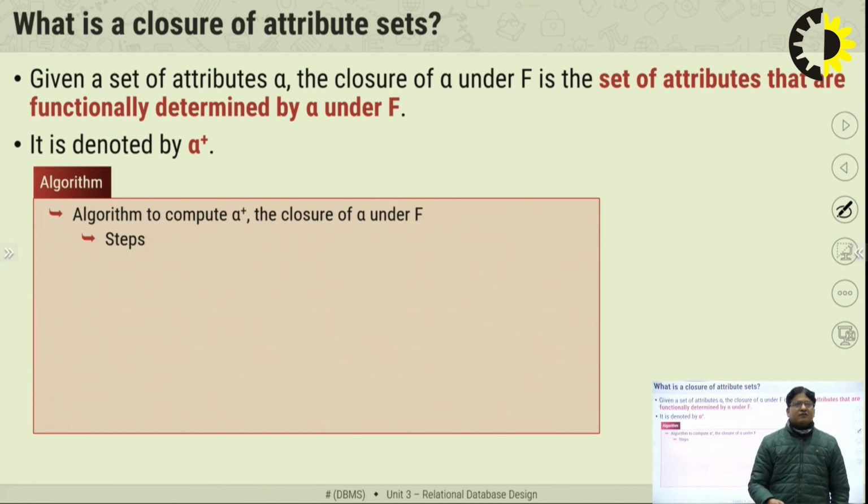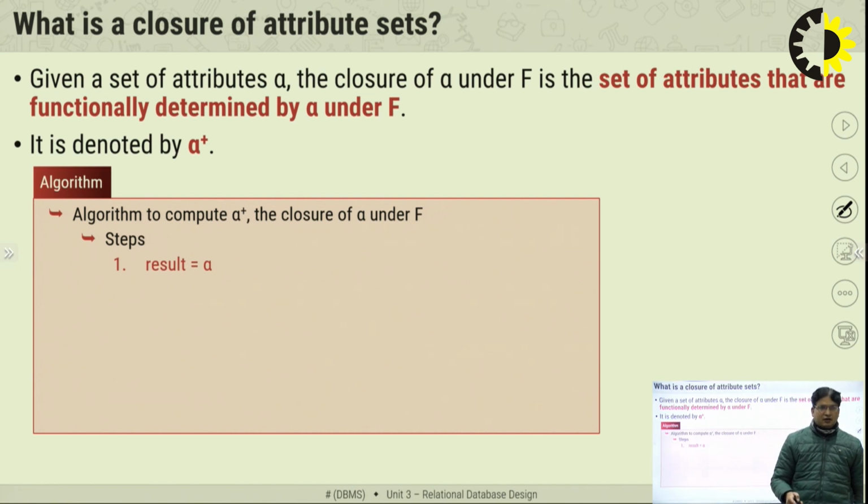Now, let us see the steps that are followed in computing alpha plus. There is an algorithm to compute alpha plus. Initially, result equals alpha.